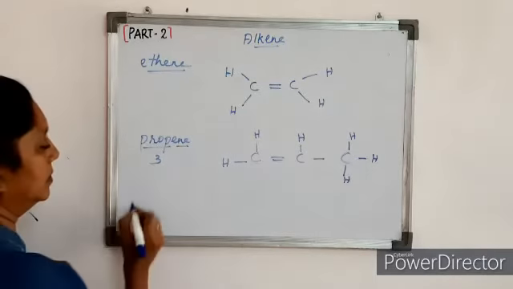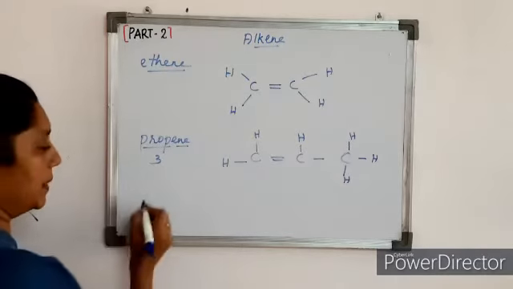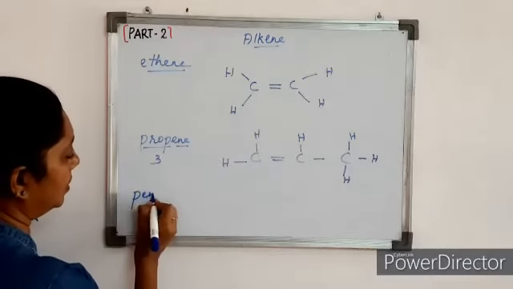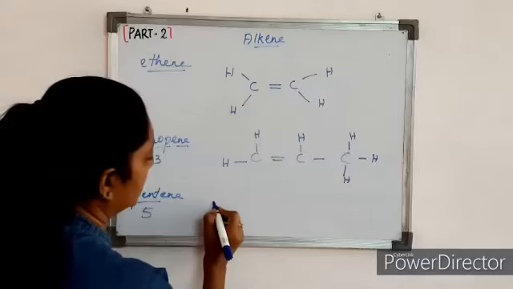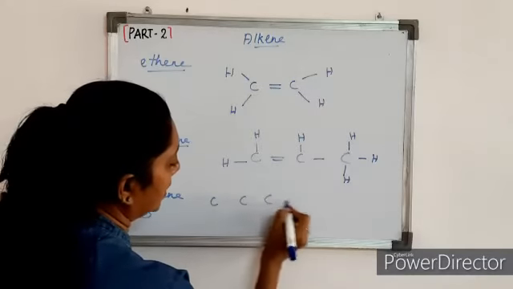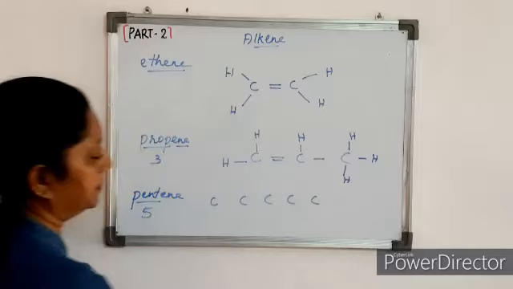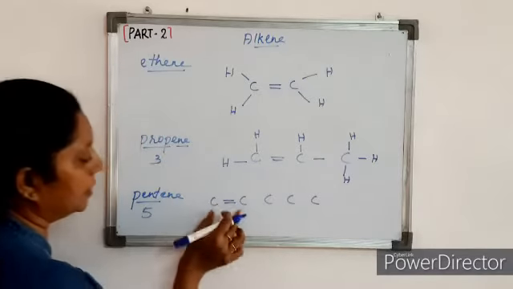If you want to write the structure for pentene, how will you write pentene? Pent means 5 carbon atoms. 1, 2, 3, 4, 5, with a double bond between 2 carbon atoms.